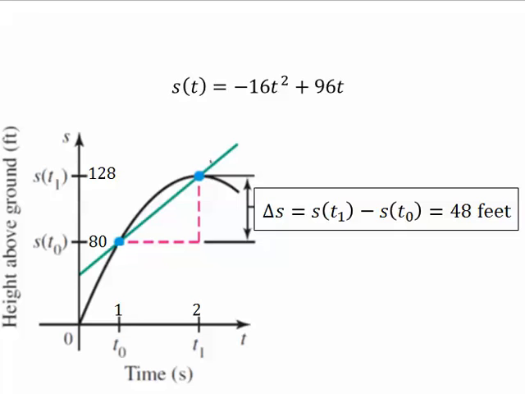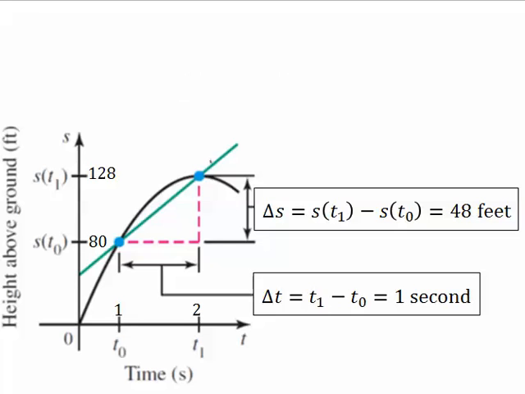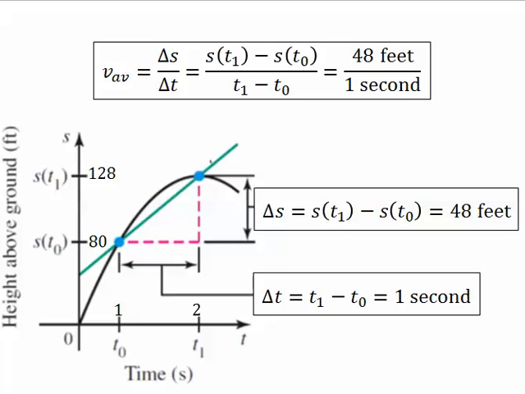Let's look at this geometrically. We found the change in height, and we found the change in time. And so the average velocity is just the change in height over the change in time.